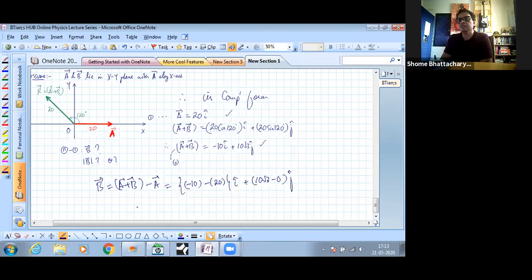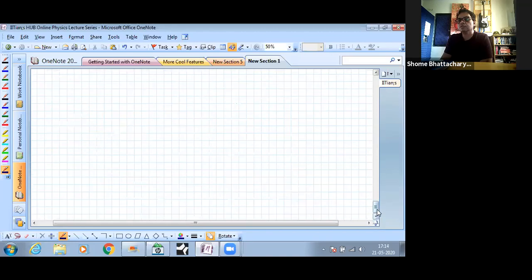So the vector B is becoming minus 30 i cap. I just saw that is an answer that one of you have sent me, so that's correct. So magnitude of B is becoming root of 30 square plus 10 root 3 square. So you will see that will be the answer we just got over here.